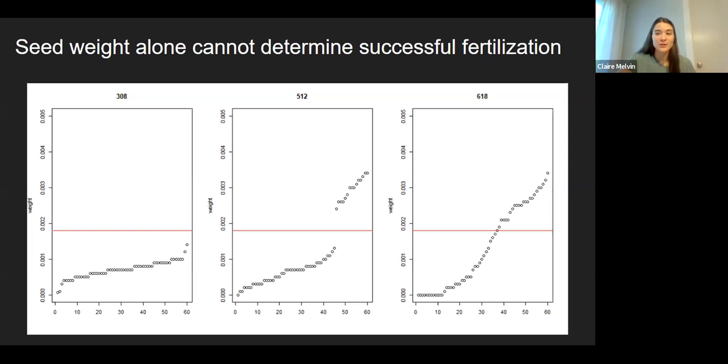And so looking at the first seed head in the graph on the left, the red line indicates 0.0018, which was a good cutoff between fertilized and unfertilized seeds when looking at the data set as a whole. So it can be assumed that the seeds in seed head 308 were not successfully fertilized. And looking at the middle graph, seed head 512 has a very clear differentiation between 2 different groups of seeds.